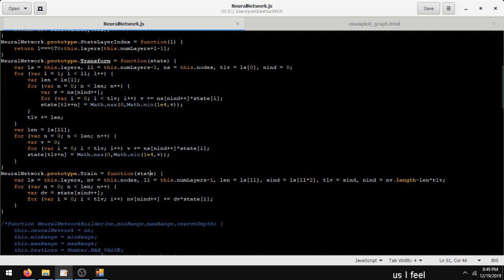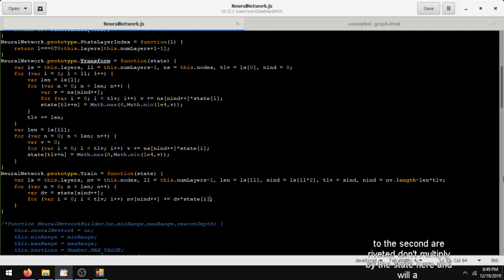Yeah, so I feel like if I do the second derivative, don't multiply it by the state here, the derivative will not properly be lined up with the state.